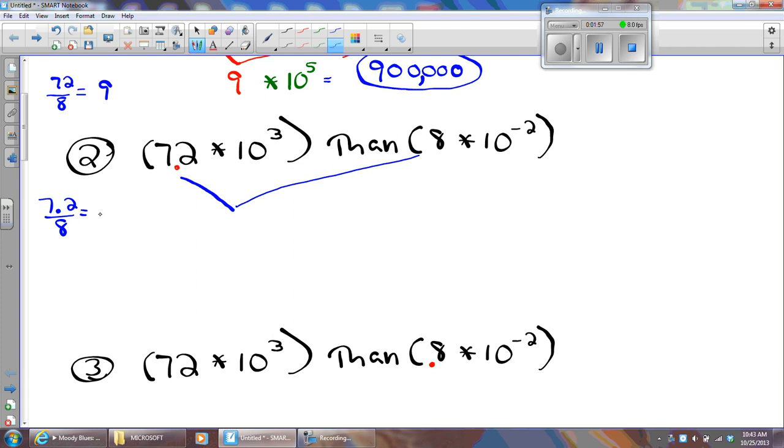Well, that means I'm going to divide my answer by 10, right? Do you all agree that I divided by 10? Okay, and so I divided by 10. Why? You can think about it this way, the 9's in the numerator. I did it to the one numerator, I have to do it to the other. You could think about it that way. Okay, so the answer to 7 and 2/10 divided by 8 is 0.9.